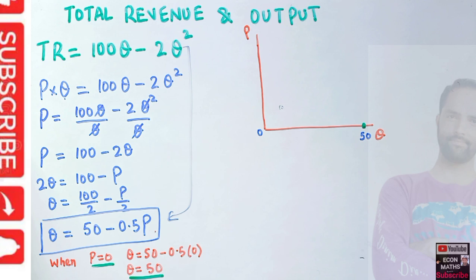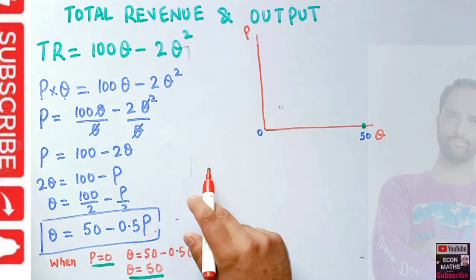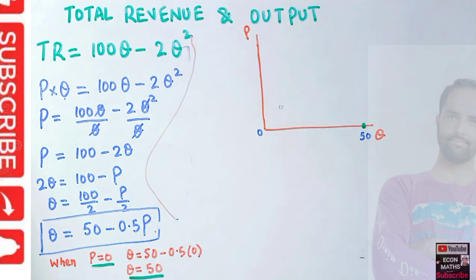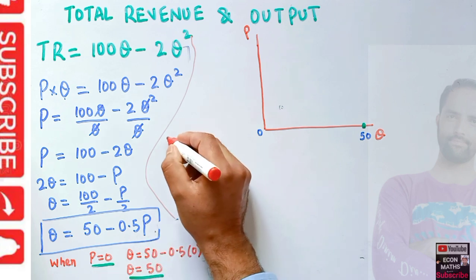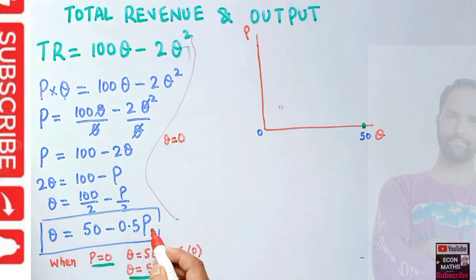Another point that we want to draw here, since I don't have unlimited space, is when output Q is equal to 0 in this demand function.